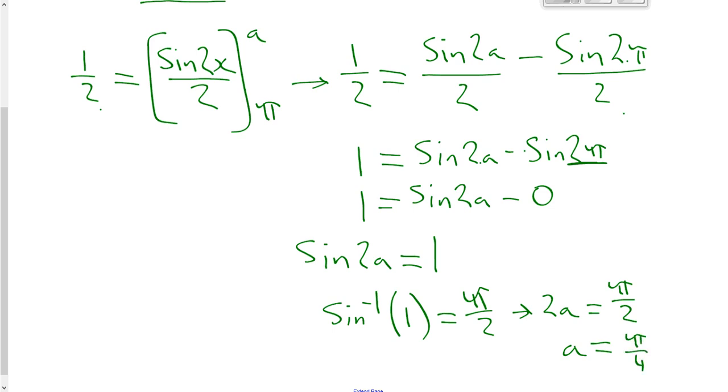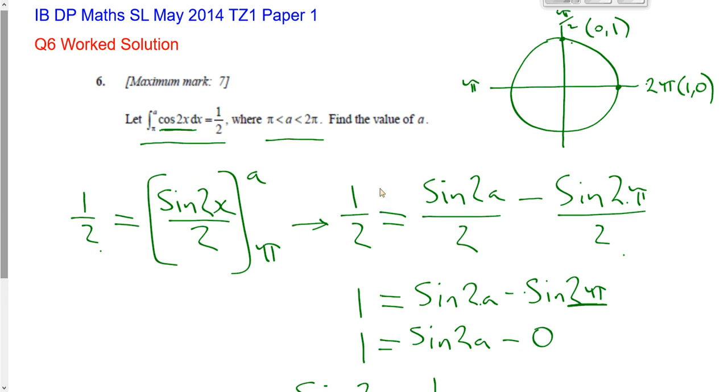Now let's go back to the question. The question is asking us to find the value of a, and we've found a value of a being pi over 4. But it says here that a is between pi and 2 pi. And we've found a value for a which is at pi over 4.